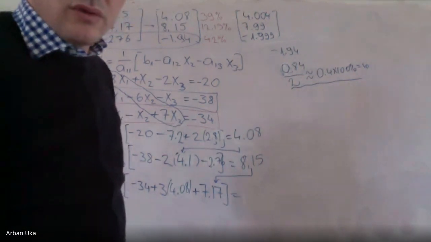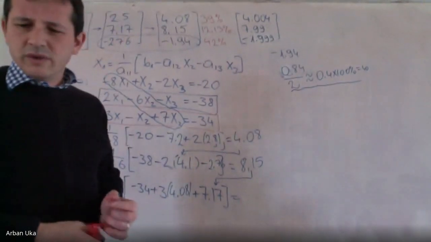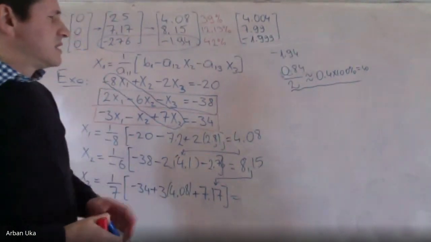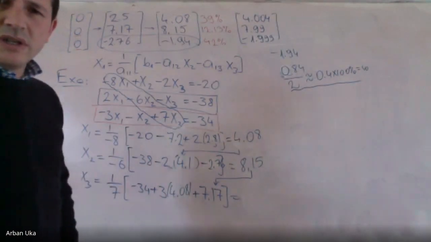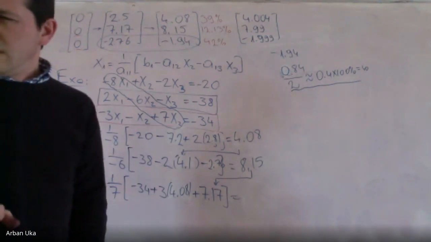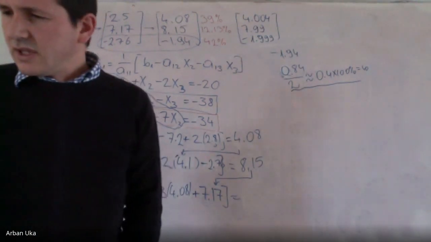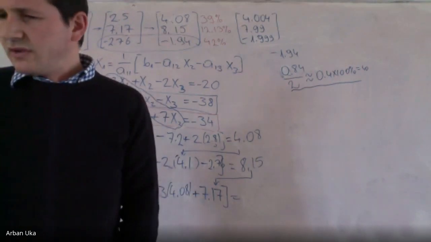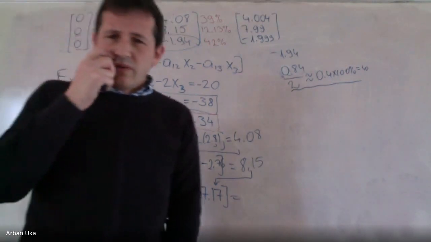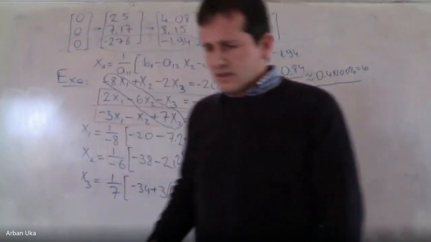Probably I can try to do this a little later by offering a new method that we can do faster. If we have time, we can try to solve this one. Since we are a little strict on time, let's move on with a different example. So overall, this is how the Gauss-Seidel technique works.